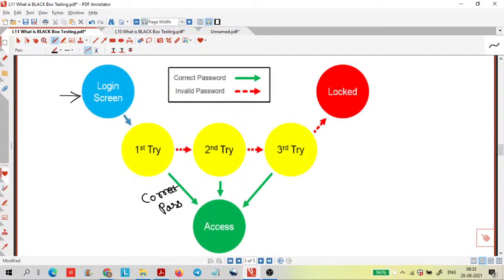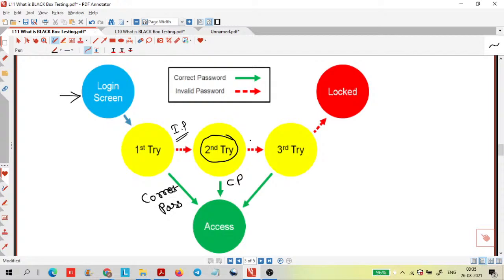If you provide an invalid password, it will ask for a second try, the login page again. In the second try, if you provide the correct password, then you will get access. This is the state.